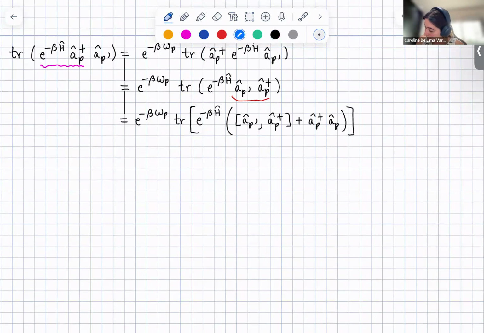So this here is going to be some delta 3 of p' minus p, correct?